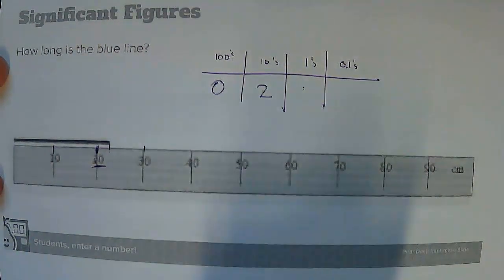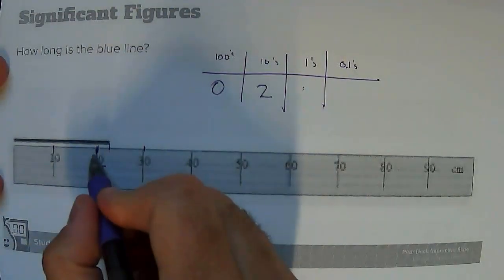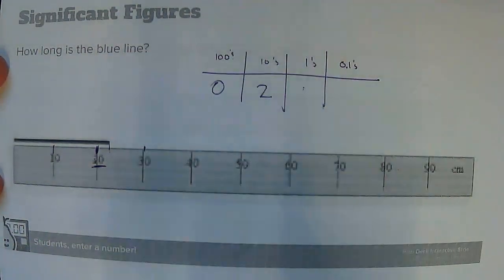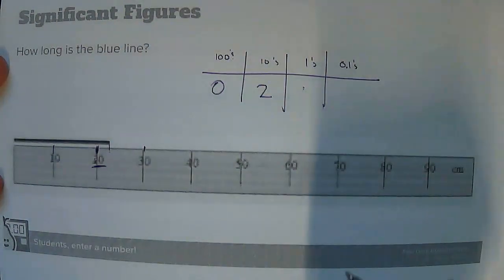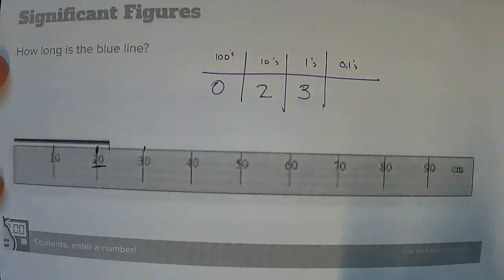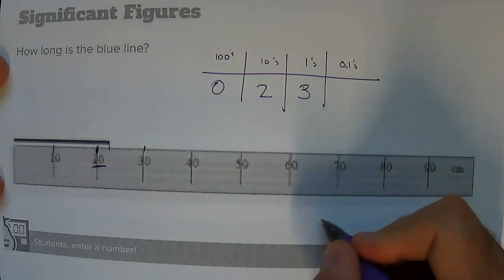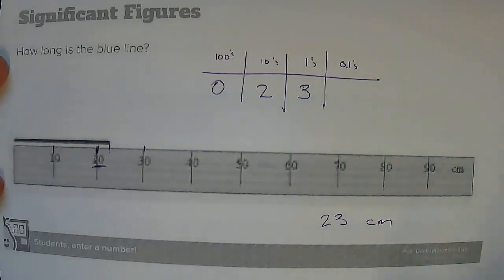What we know is that it's 20, but it's 20 what? Estimate one place beyond that, and that one place is going to tell us that it may be 23. So that could be 23 centimeters.